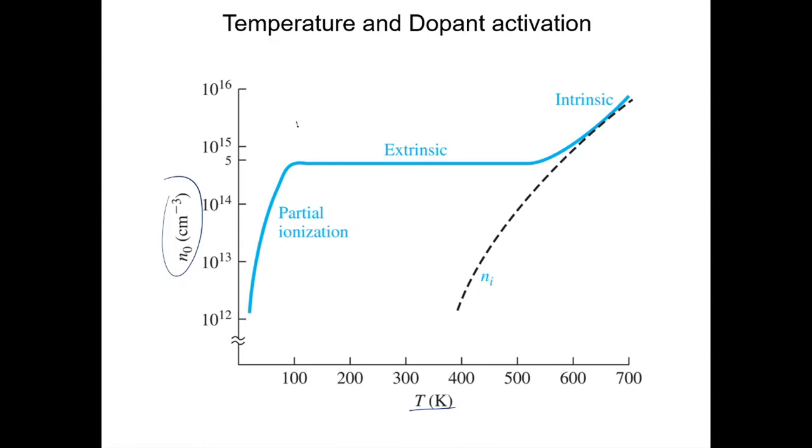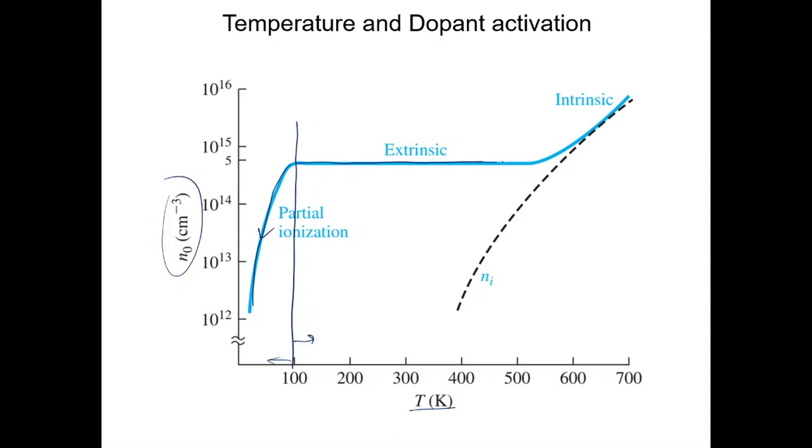Below a certain temperature, you see the total electron concentration drops dramatically, and that's because of partial ionization. As the temperature goes below the ionization temperature, not all the donor or acceptor states are going to be ionized, and because of the partial ionization, the electron concentration will fall. But as you exceed the ionization temperature, the electron concentration will remain more or less flat.